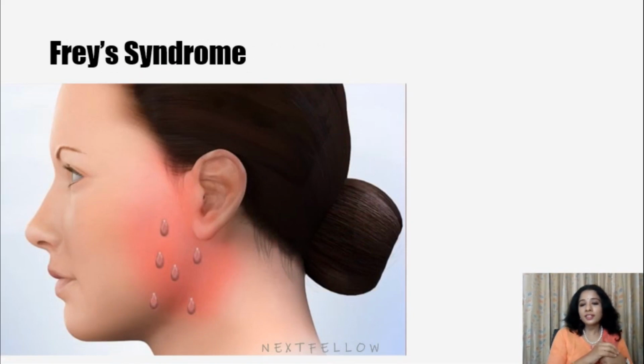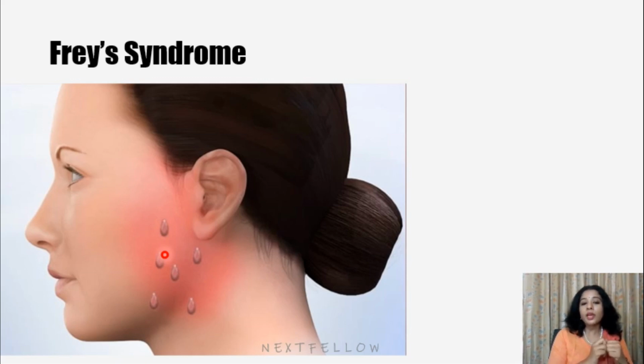Next, an interesting syndrome called Frey syndrome. The skin covering the parotid region has its sensory supply by the greater auricular nerve and its secretomotor supply by the auriculotemporal nerve. Suppose during excision of an abscess or during any surgery in the parotid gland, these nerves are cut.